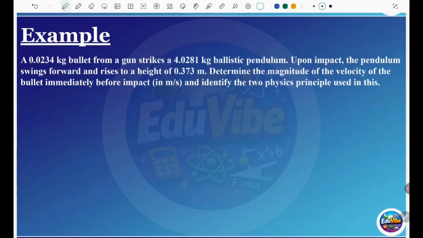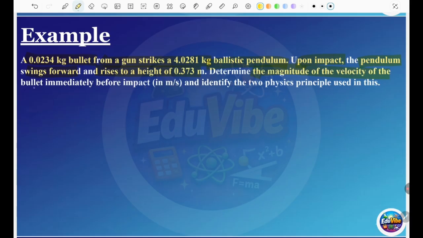We have a bullet of mass 0.0234 kgs from a gun that strikes a ballistic pendulum. The pendulum is about that many kgs. Upon impact, the pendulum swings forward and rises to a height of 0.373 meters.